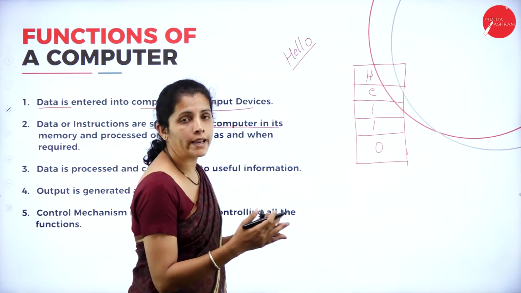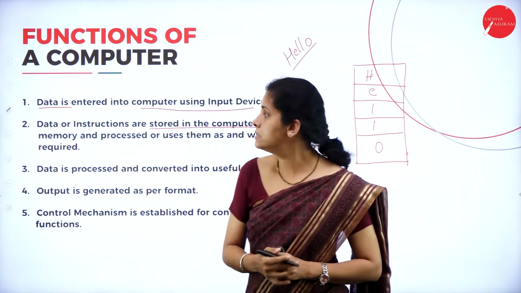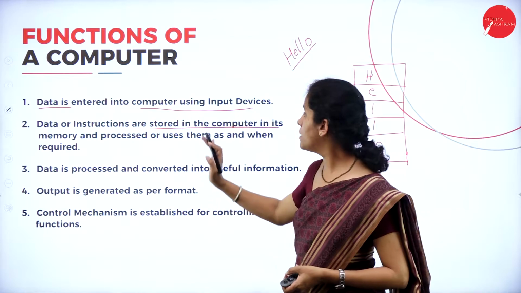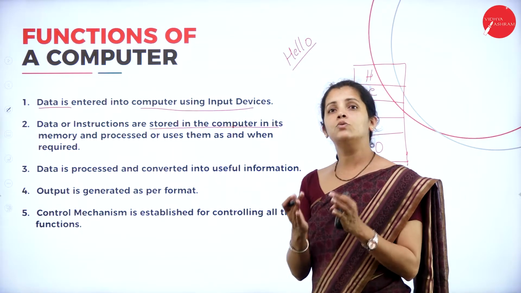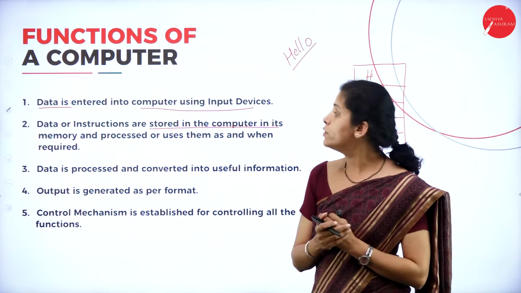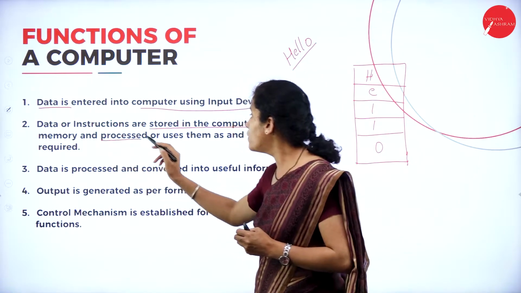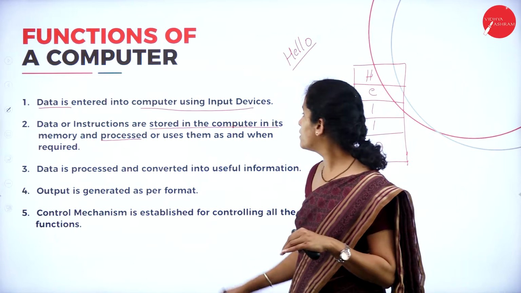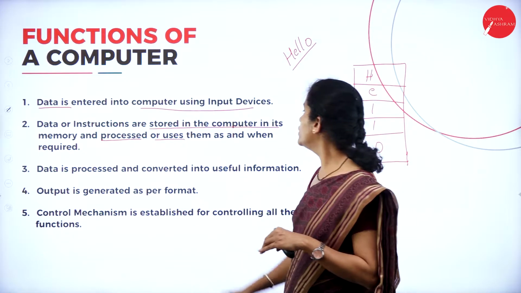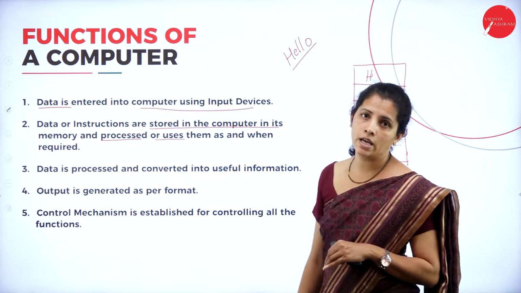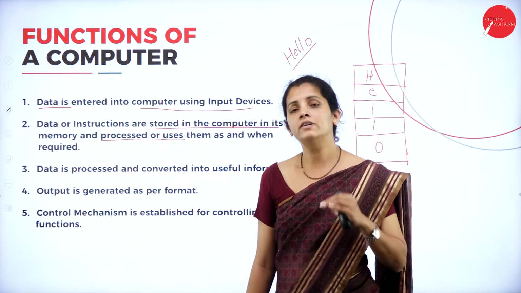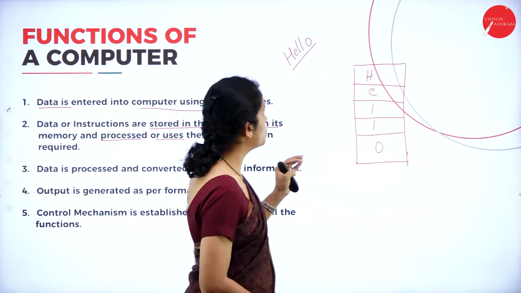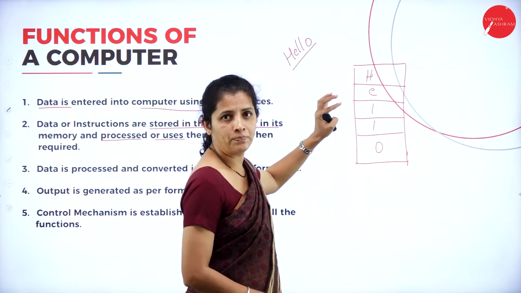So what is the second job of the computer here? Whatever data or instruction I provide, first it is stored in the memory, then processed. Process means execute or use them as and when required. So first, whatever data I enter must be stored in the computer memory.